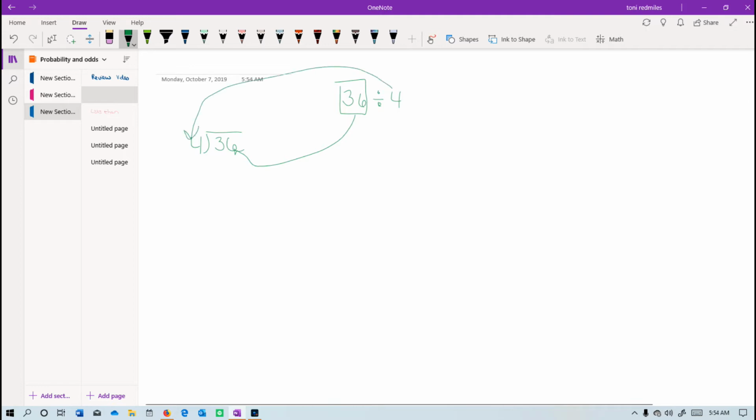So 4 goes into 36 9 times, right? If I want to do that quickly, I could do 9 times 2. Everyone knows 9 times 2 is 18, and I could double it, which means adding it to itself. This isn't a method you have to use. It just helps. And if you have trouble with your division facts, please email me now. I can give you a whole packet on division facts. All right, so that's just one.